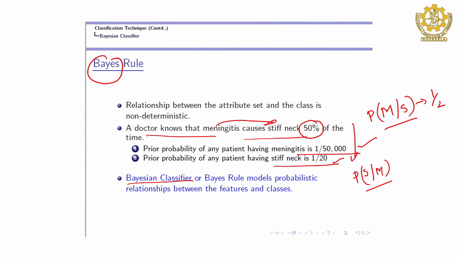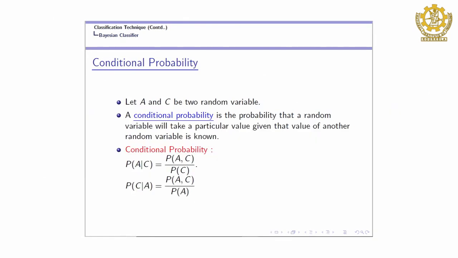Before starting, we will have a slide on conditional probability. Let A and C be two random variables. Conditional probability is the probability that a random variable will take a particular value given that the value of another random variable is known. That means if two things are happening, what is the probability that one will happen when you know the other has happened.